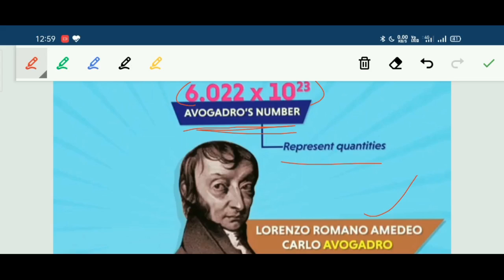It is written or represented as N0 or NA. That means N0 or NA is Avogadro's number, which is 6.022 × 10^23. In simple words, 1 mole of a substance is equal to Avogadro's number of particles of that substance.